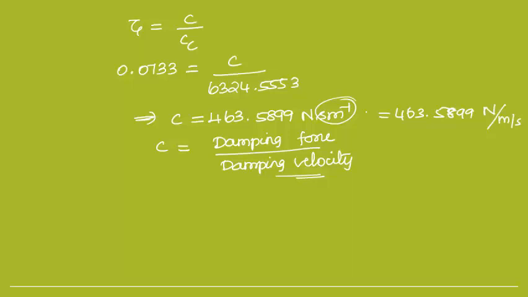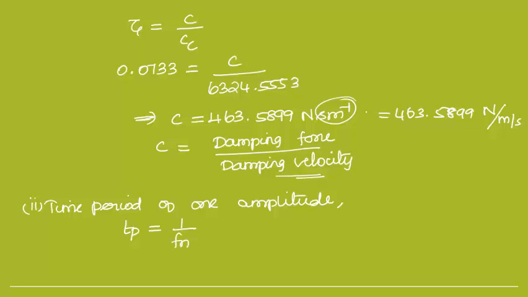Next, in the second subdivision, it is asked to find out the time period for one oscillation, that is Tp. This has to be calculated for the damped vibrating condition that was asked in the problem. Normally the formula for Tp is 1 by fn.